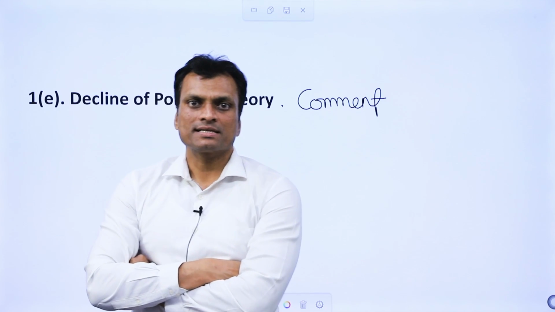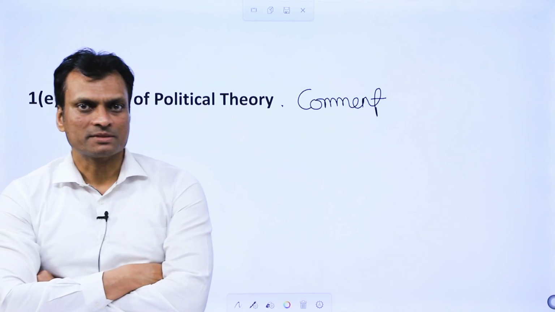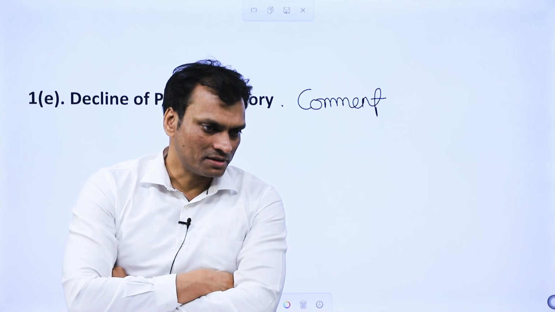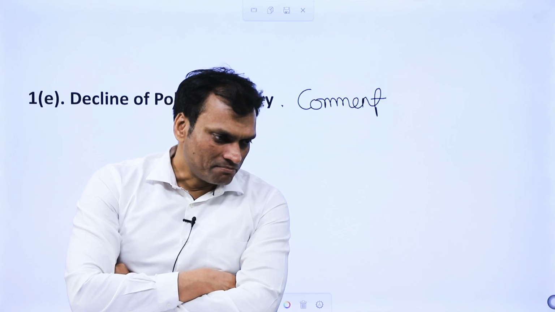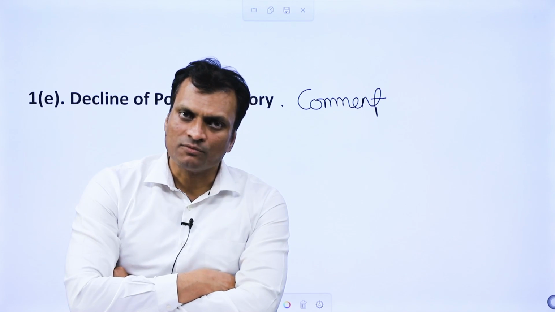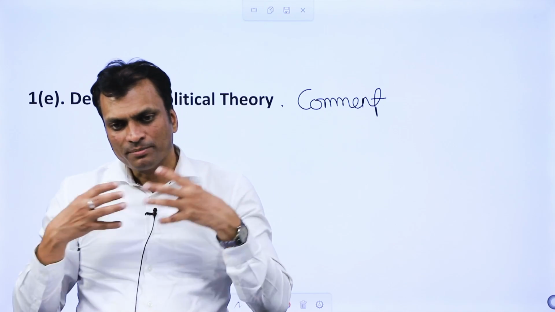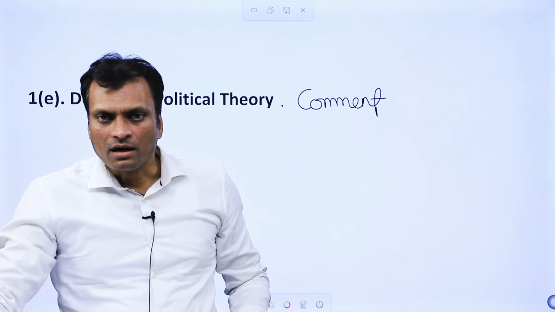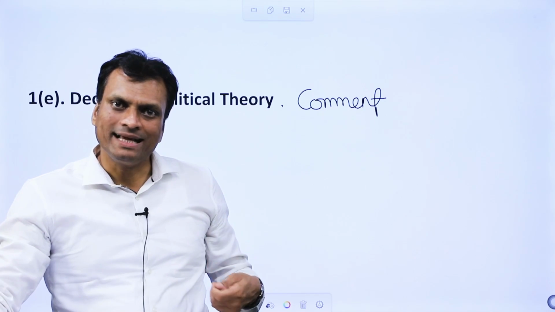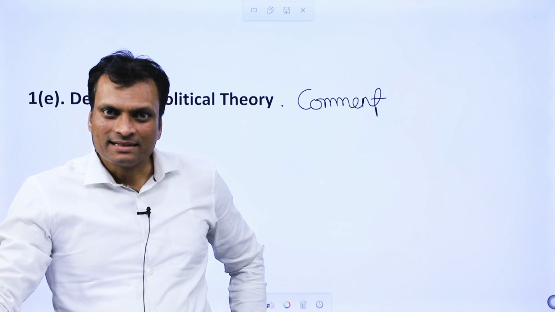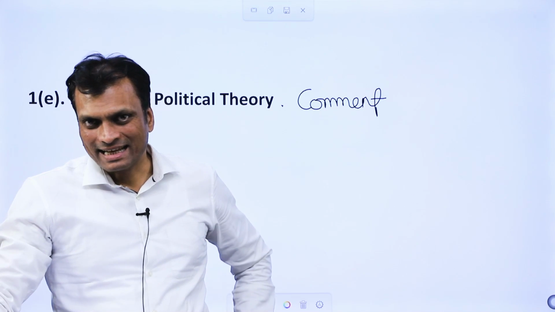And thus political science and political thinkers could not speculate the Second World War, they could not speculate the rise of fascism, they could not speculate the millions of people's death and destruction of property in the Second World War. So the modern political theory, which was normative before the Second World War, was used by the behavioral thinkers to declare that political theory has declined.